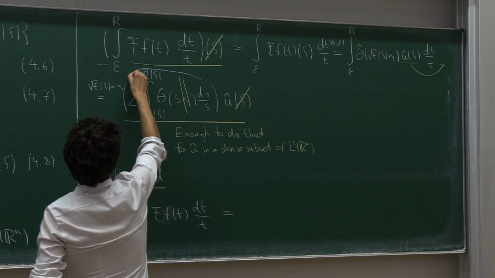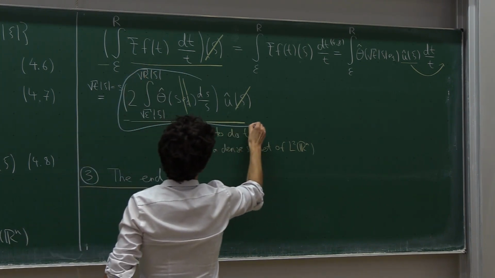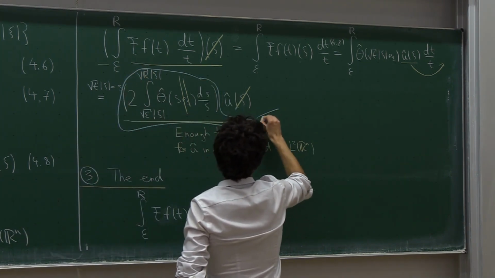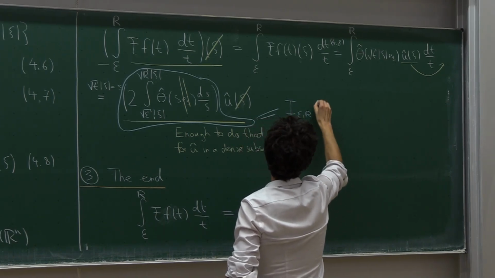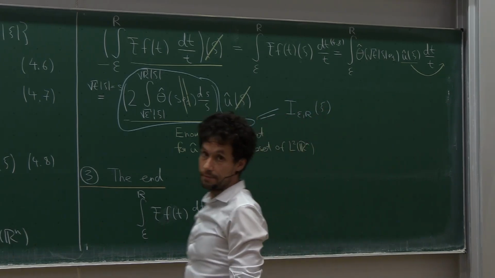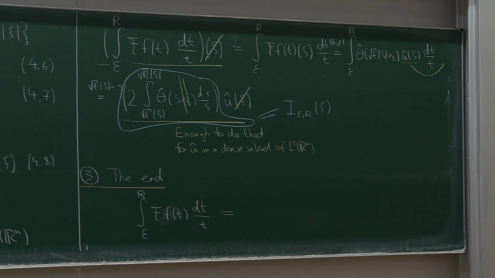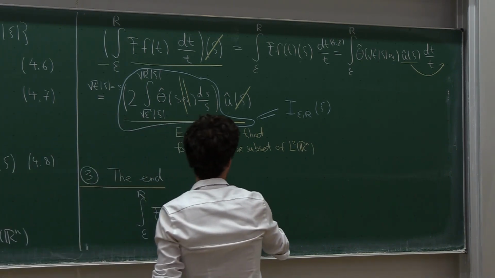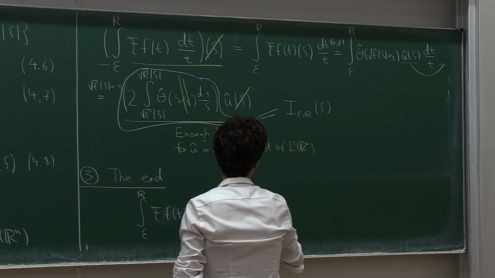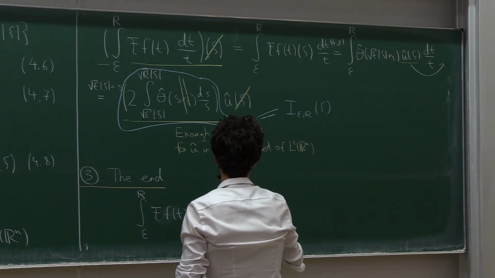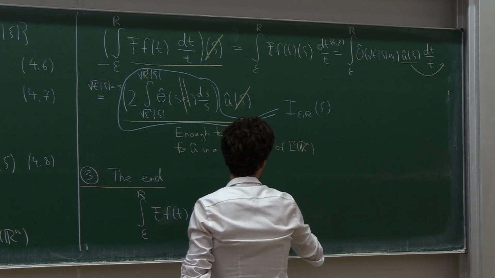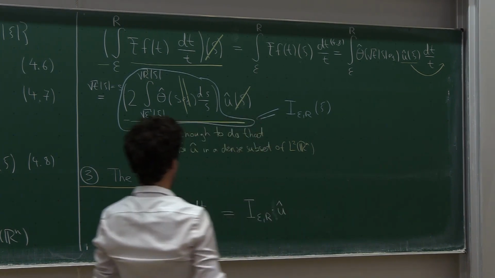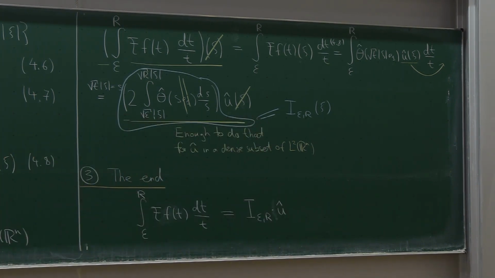Okay, so these guys here, I'm going to call I epsilon r of psi. Okay, and then I know that this thing here, this is I epsilon r of psi times u hat, okay, on the level of functions.